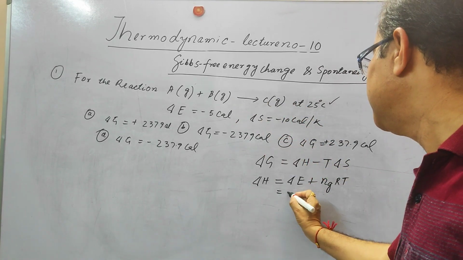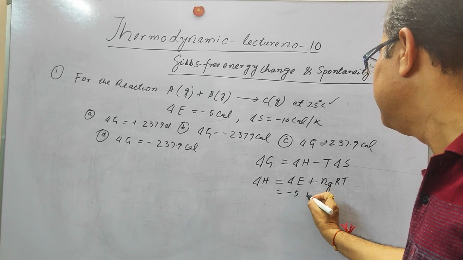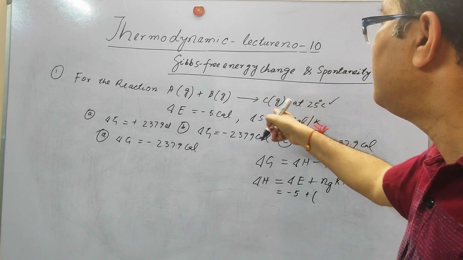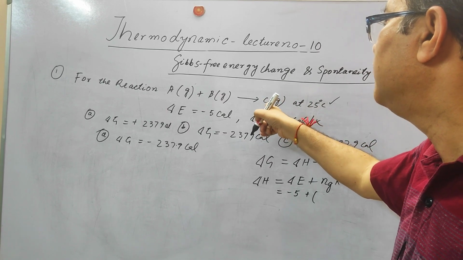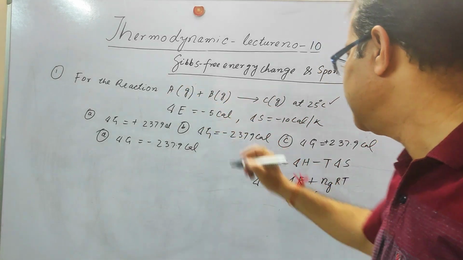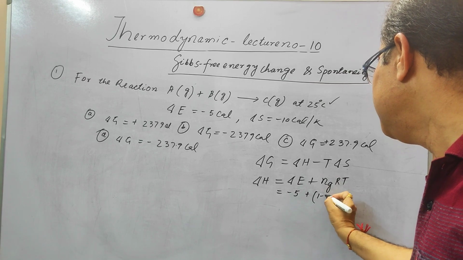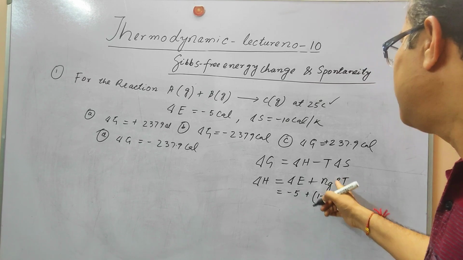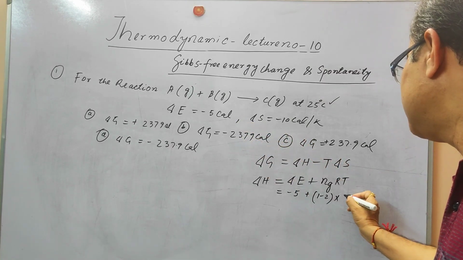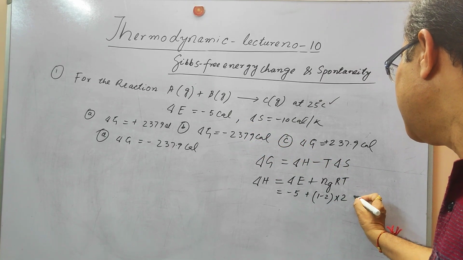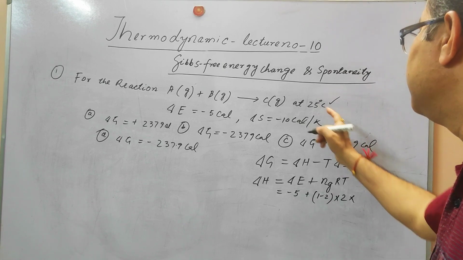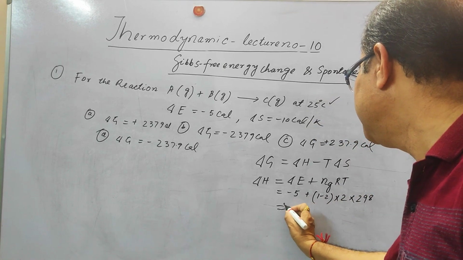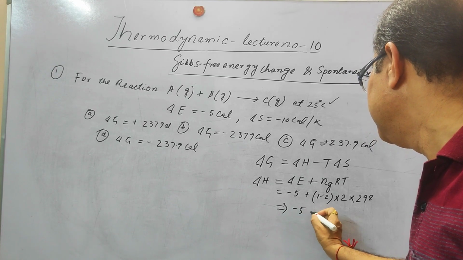See here, this is minus 5 kilocalorie plus delta Ng, the number of moles of product minus reactant. So here you can see 1 minus 2, into R, which in terms of calorie is 2, and temperature is 298.